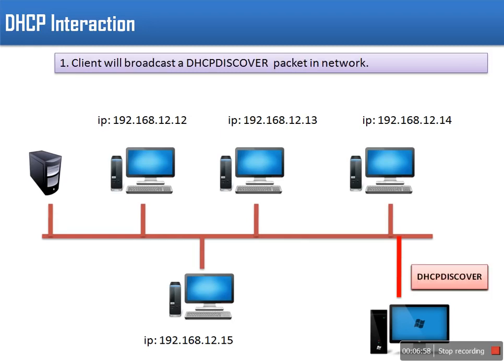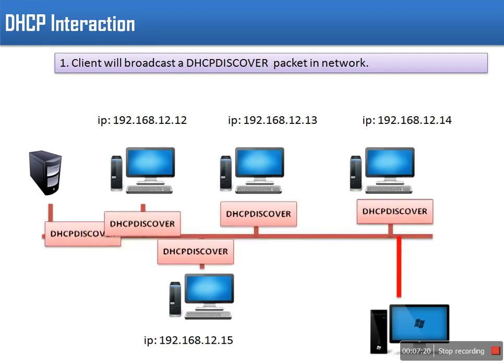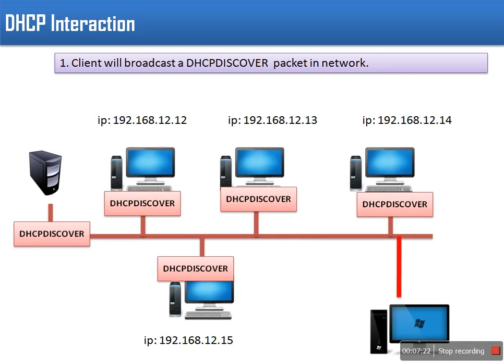That message is known as DHCP discover. Because this is a new device, it has no idea what the DHCP server's IP address is or whom to ask. So it will broadcast that I am looking for a DHCP server, who is it. So it will broadcast a DHCP discover message, and these packets will go to every node in the network.